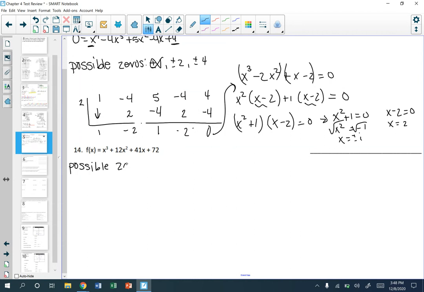So I make a list of my possible zeros, which is all the factors of 72 over 1, which gives me a very lengthy list, unfortunately.